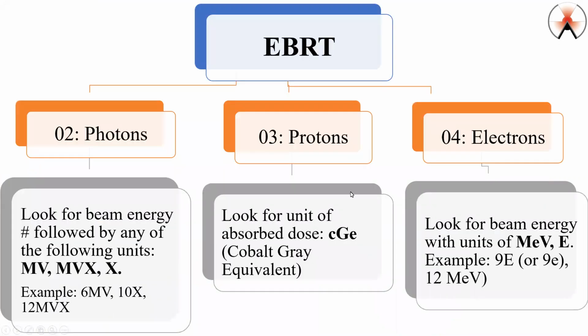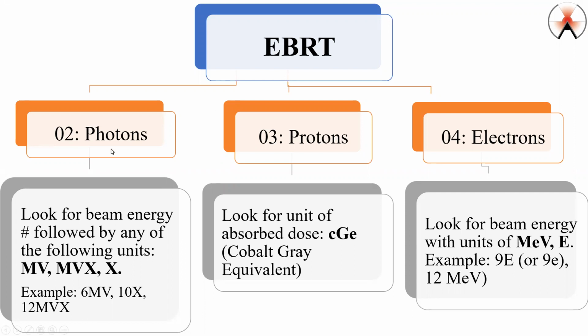So starting with the basics, external beam radiation therapy. What does that mean? It means that the source of the radiation that we are using to treat that patient is outside of the patient. That's all it means, external beam radiation therapy.